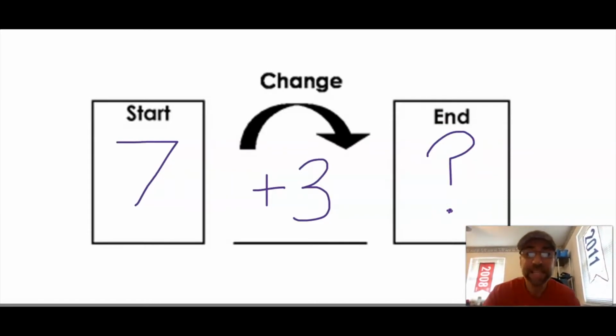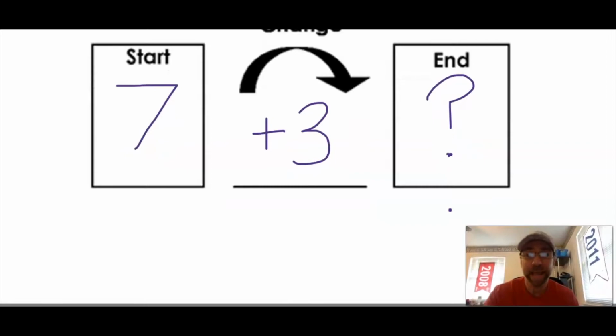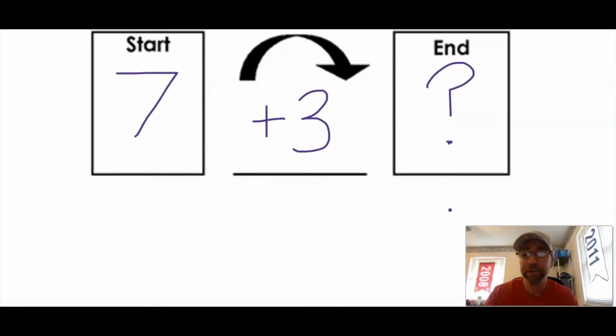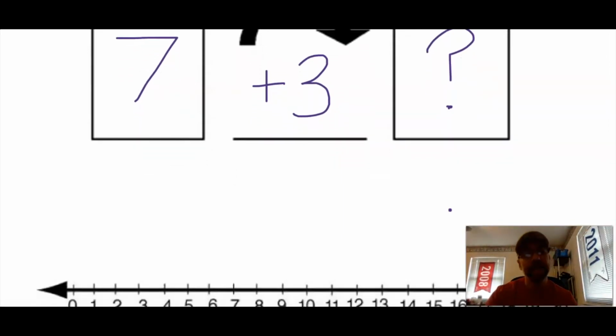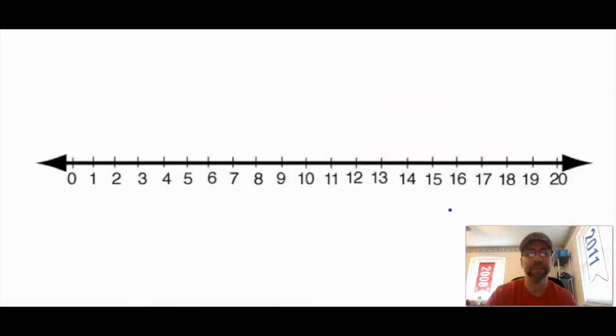Now, we can go ahead and solve this problem a couple different ways. We can draw a picture, or we can use our number line. I'm going to use my number line for this one. Start at 7. I'm going to find the 7 and put a dot on the tick mark.